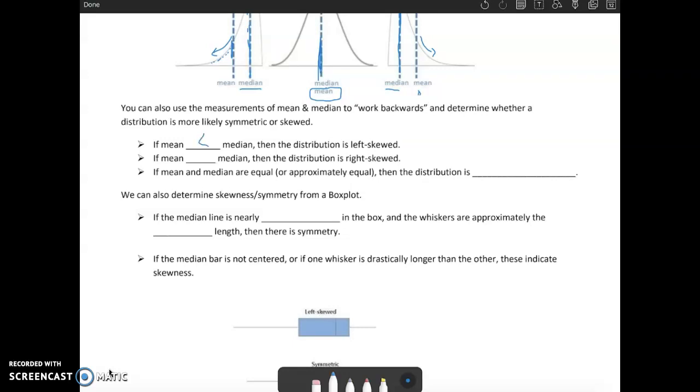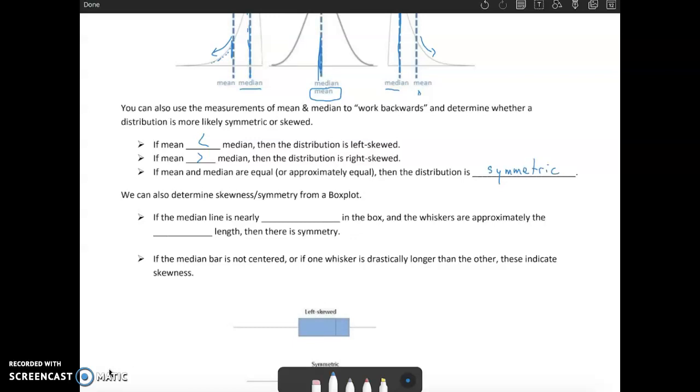And the lower the mean is below the median, the more dramatic you know your skew is. If the mean is greater than your median, then your distribution is right skewed. And again, the farther away it got pulled, the more drastic the right skew. If they're approximately equal, then you'll know your distribution is symmetric.